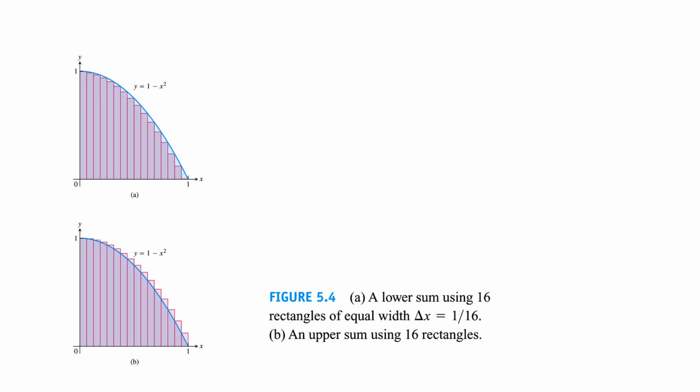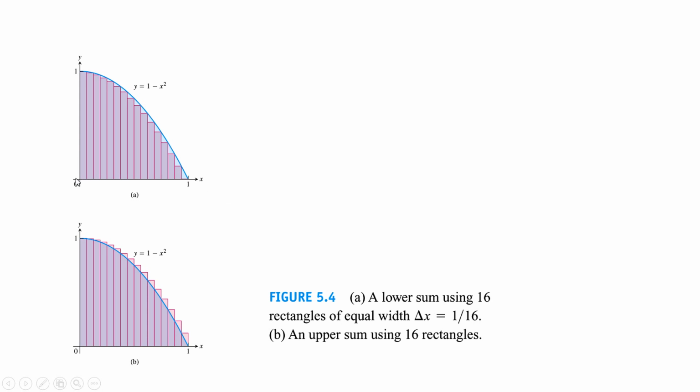And now what we did in this case is increase the number of subintervals, that is, the number of rectangles. Now this is the lower sum with 16 rectangles, and this is the upper sum with 16 rectangles. When the number of rectangles is 16, what is the length of one subinterval? It will be b minus a divided by 16, that is 1 minus 0 divided by 16, that is 1 over 16.